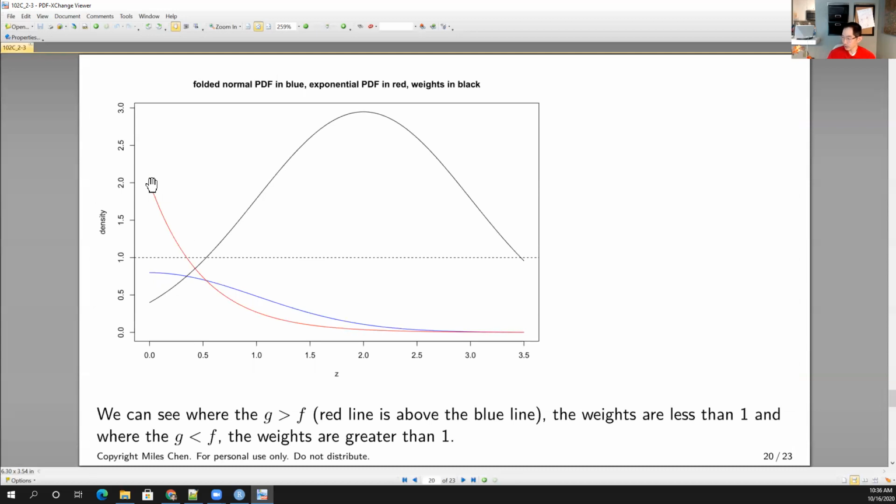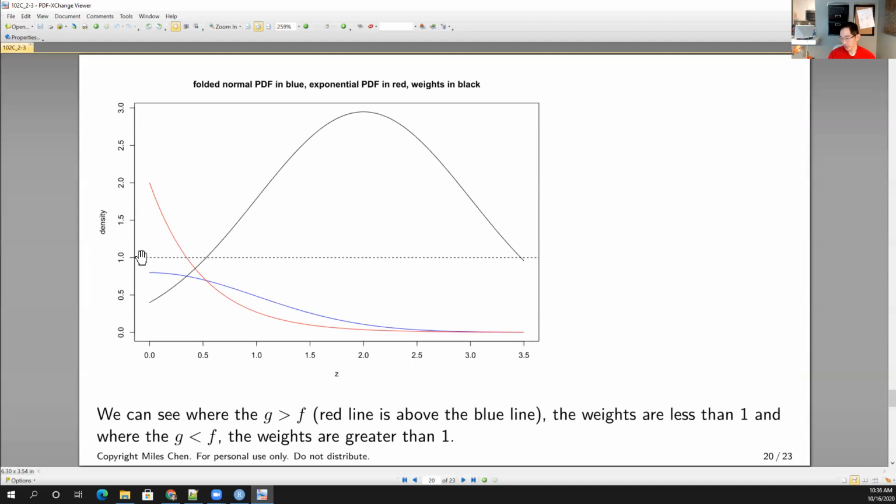If you plot this, the red line is the exponential density. The blue line is the density of the folded normal. And this black line is the weights that we apply to the values generated by the exponential distribution.